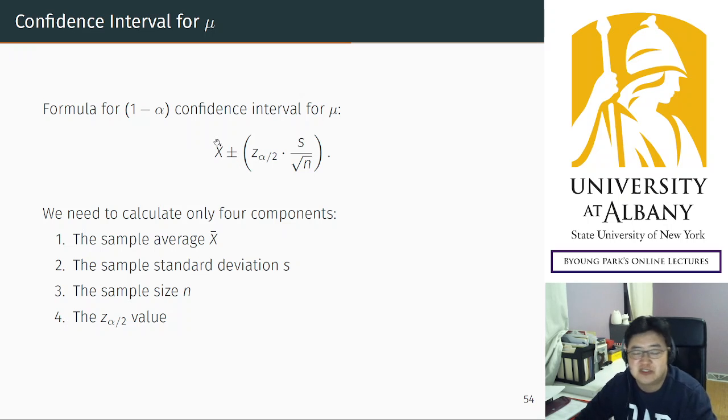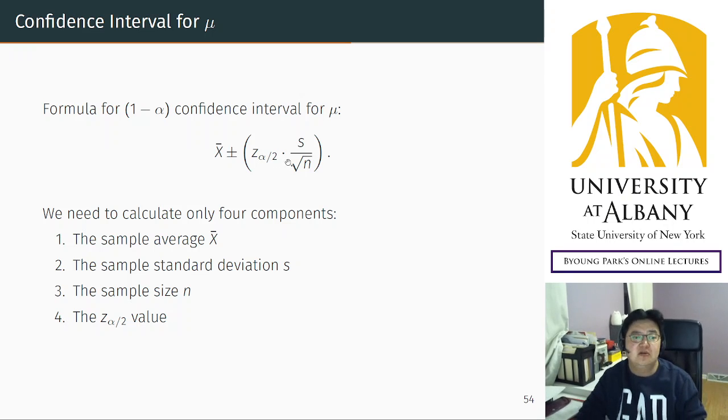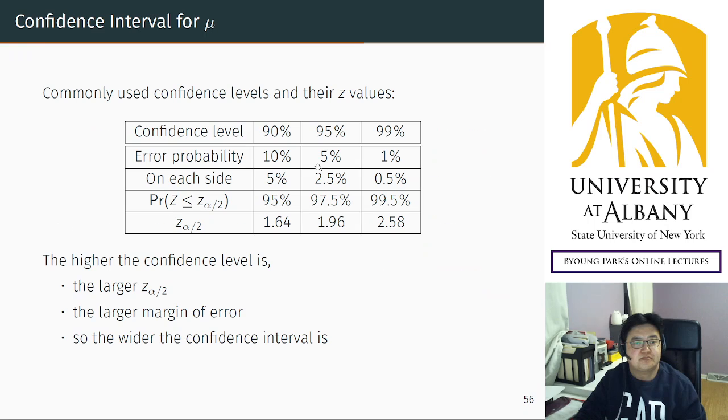X bar, which is a point estimator, plus minus margin of error. This much is the margin of error, which depends on standard deviation and the sample size, and z-value. This is the top alpha over 2 probability value from the standard normal distribution, which is given here. So simply, these confidence levels imply these z-values, right?